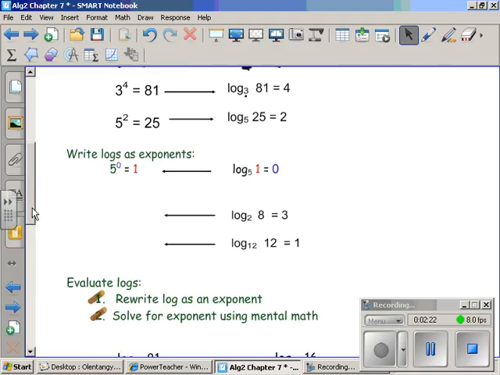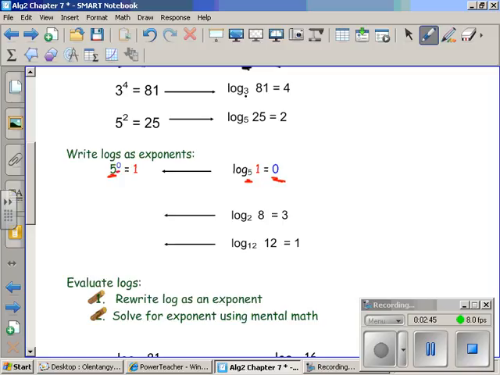Okay, now let's go the other way. Let's take a log and turn it into an exponential expression. So again, the base is here, and the base of the exponent is there. The exponent is the answer, because logs are exponents.